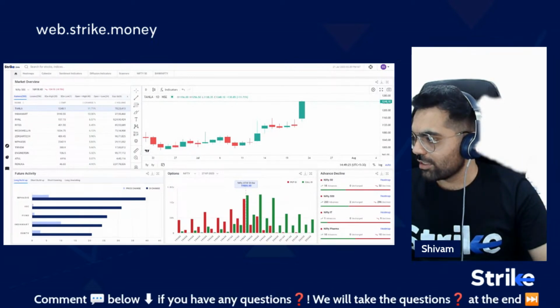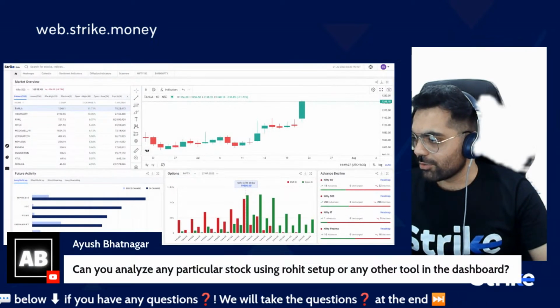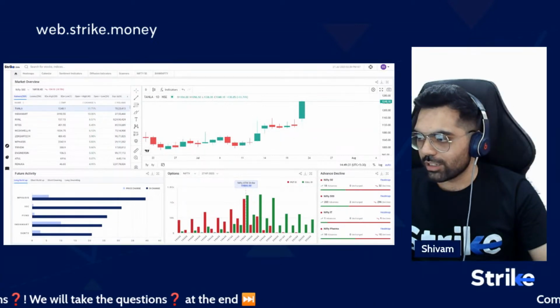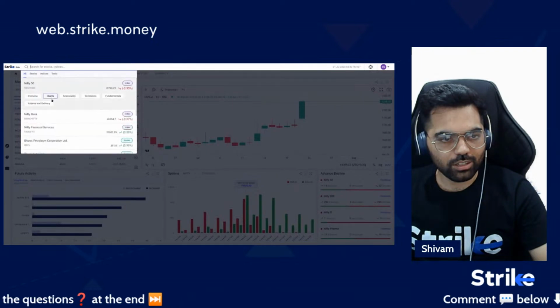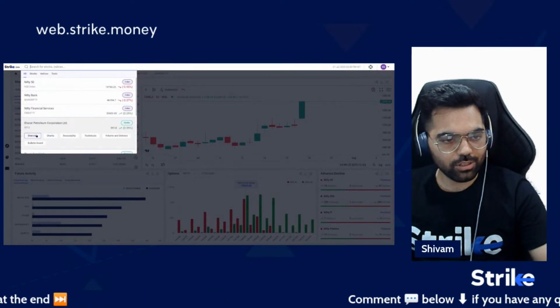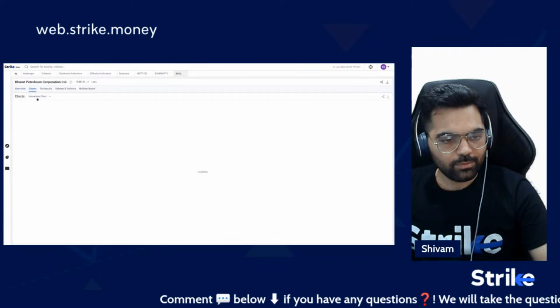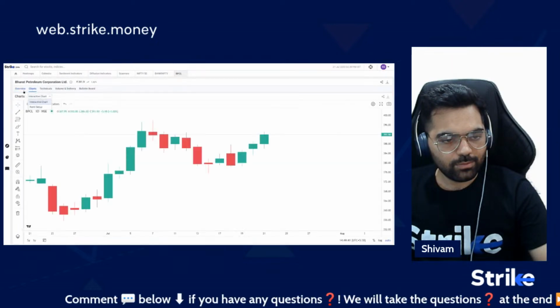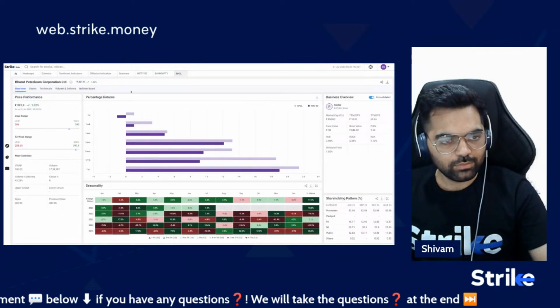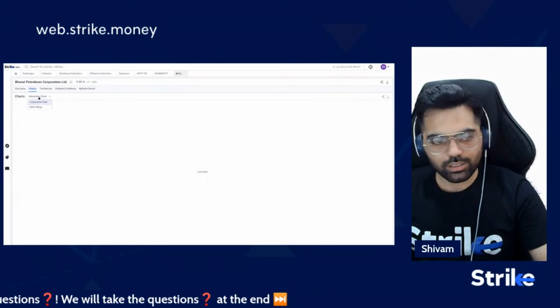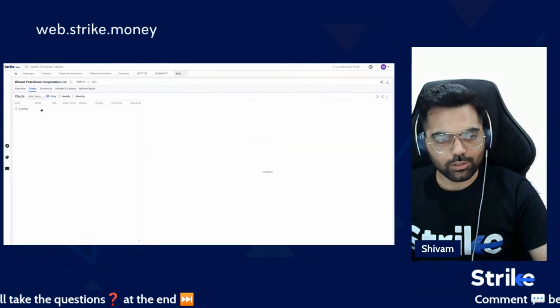So Ayush has asked to show the Rohit setup on some stock. I'll choose any random stock and show you. Once you go to the stock, you'll land on the overview page. You can go to charts, and in the drop down you see Rohit setup.